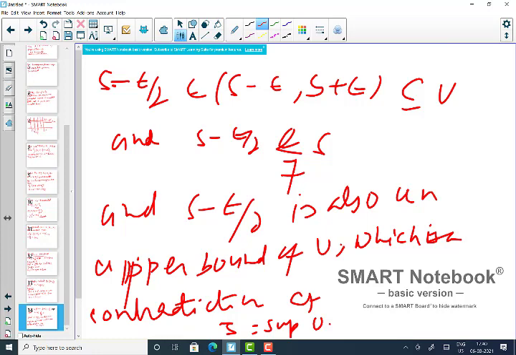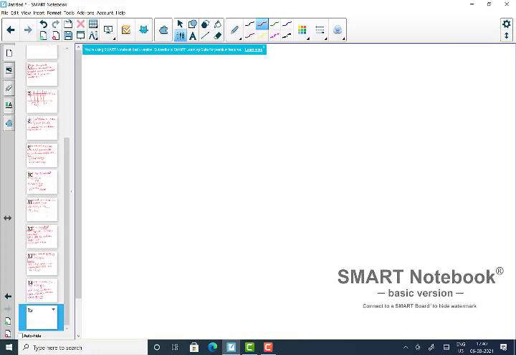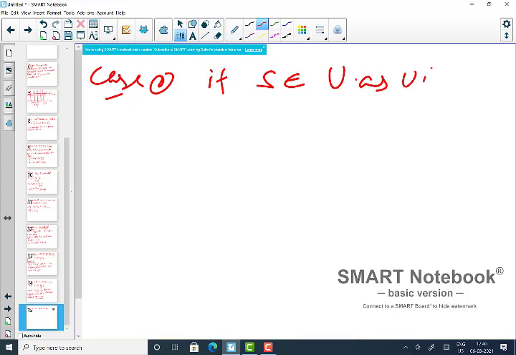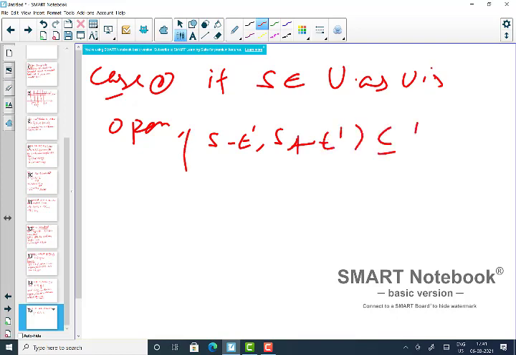Okay, but again you have open intervals. So similarly, case 2, if S is inside U, then as U is open, you will have some interval S minus epsilon to S plus epsilon, or rather epsilon dash. It can be some different epsilon. This is totally inside U, right?